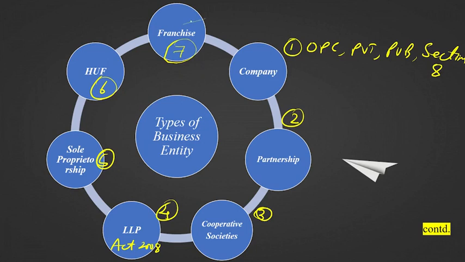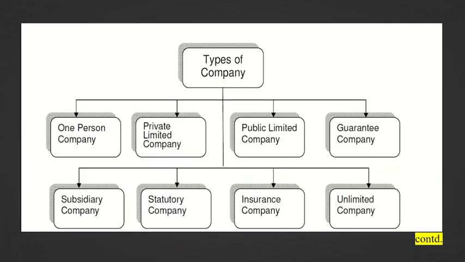Franchisee can be any form of business, but it is a model. It is not a form of business, it is a model. So these are the types of entities which you can run. When you're a franchisee, you should be registered under any one of these. As you can see, there is nothing called franchisee registration itself. It is a form for you to run the business, not a form of business.